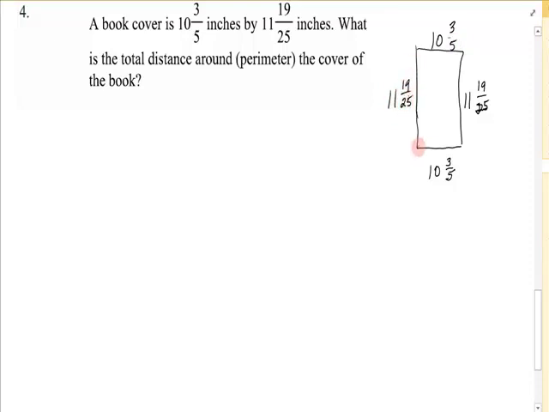To get the perimeter, I have to go all the way around, which means I have 4 numbers to add. So this one is going to be kind of long. I have 10 3/5 and another 10 3/5. I have 11 19/25 and another 11 19/25.